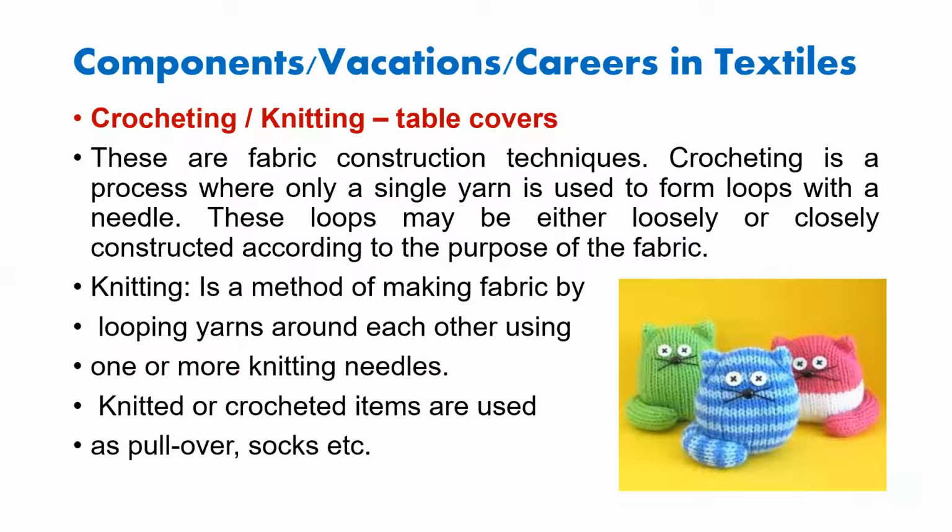Knitting is a method of making fabric by looping yarns around each other using one or more knitting needles. Knitted or crocheted items are used as pullovers, socks, etc. The difference between crocheting and knitting is that in crochet you use one needle, and in knitting you can use one or more, and you have a special machine for knitting.